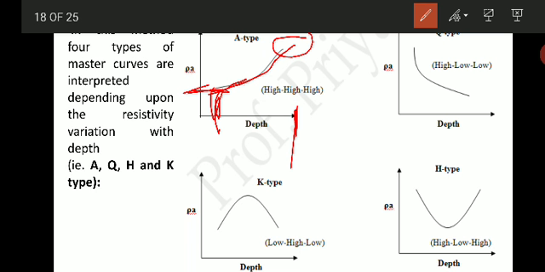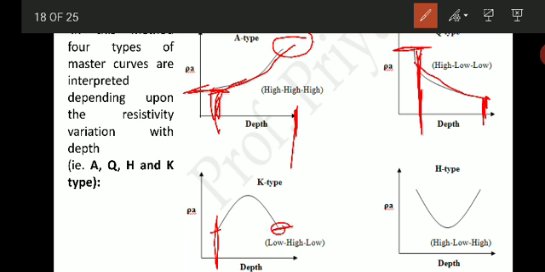So here the resistivity is high at this depth, which means water is less at this depth, and as you go deeper there is availability of water. In the same way, a decrease in the resistivity is the indication of water.